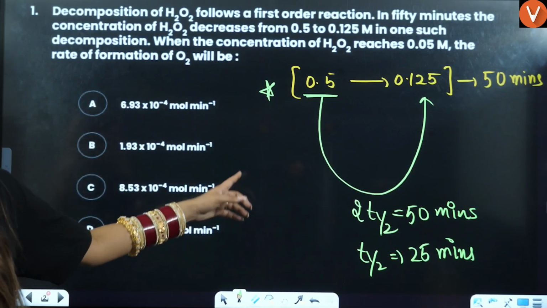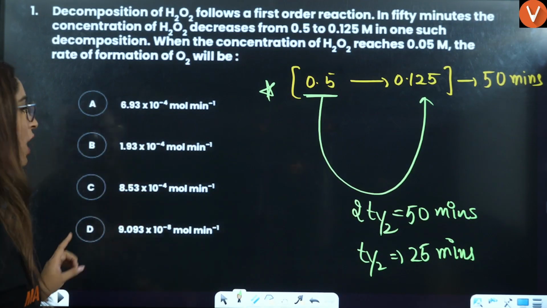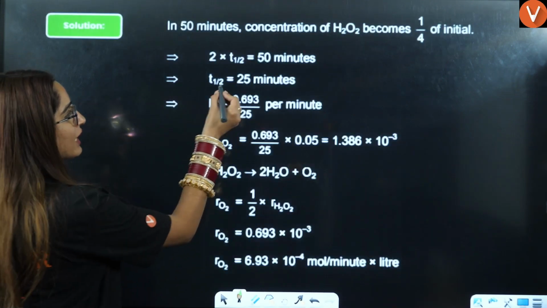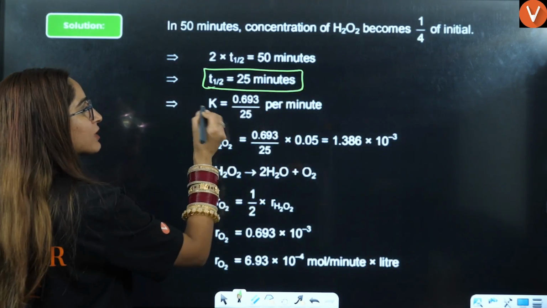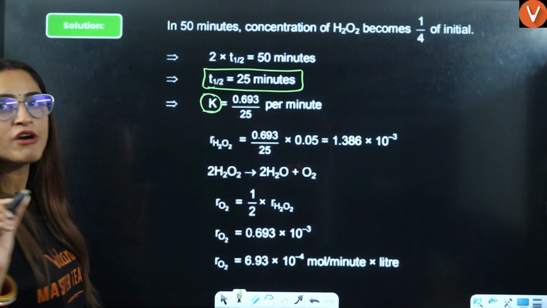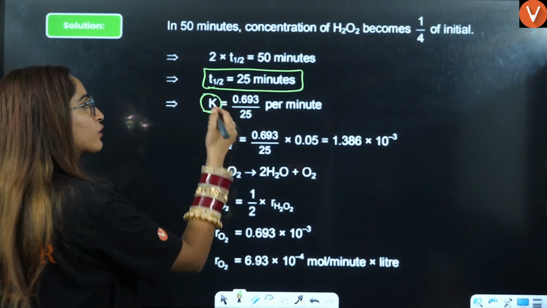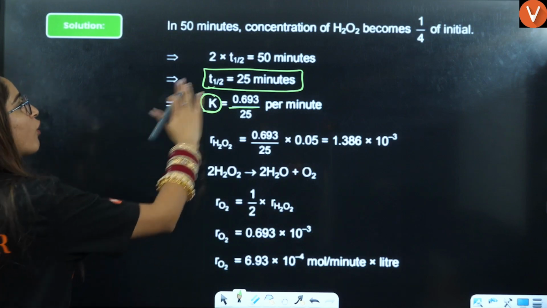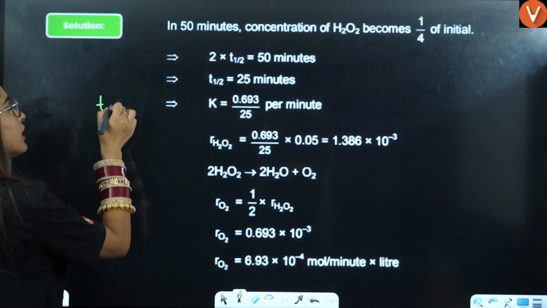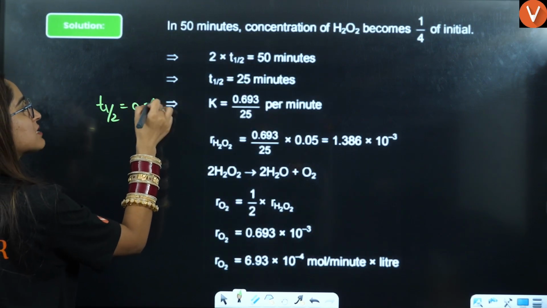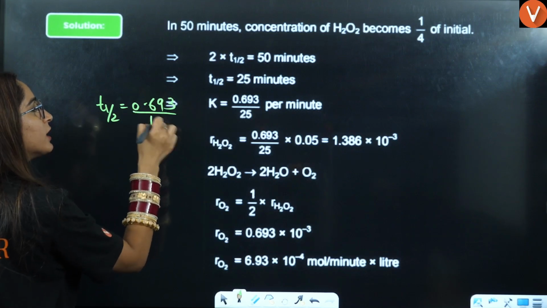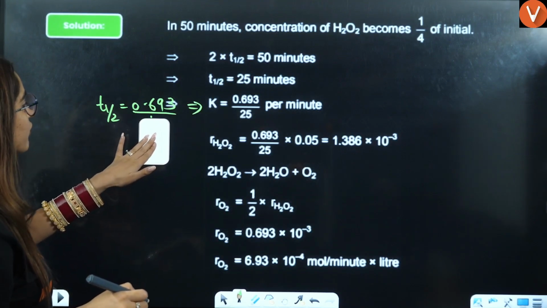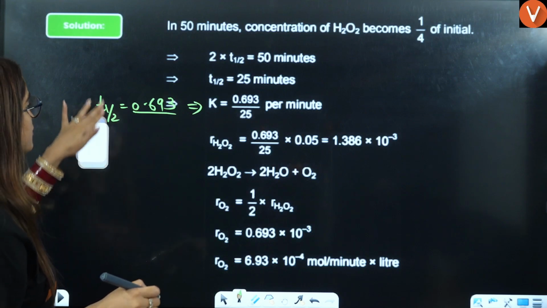Once you have calculated t half, we can calculate the value of rate constant. You know the formula: t half is equal to 0.693 divided by rate constant. When you put the value in this formula, you get the value of rate constant.